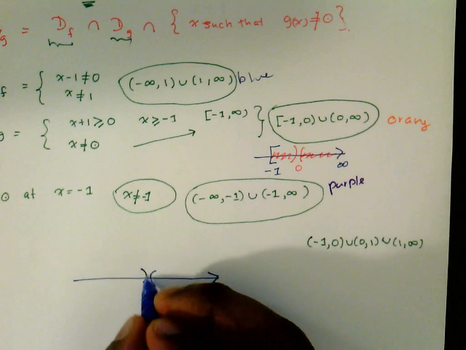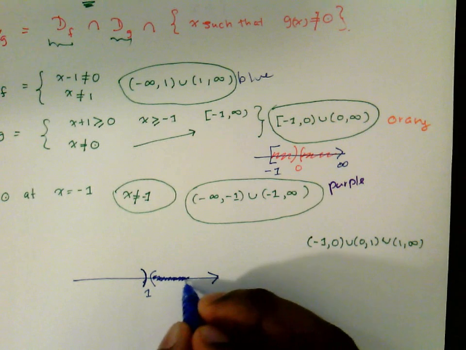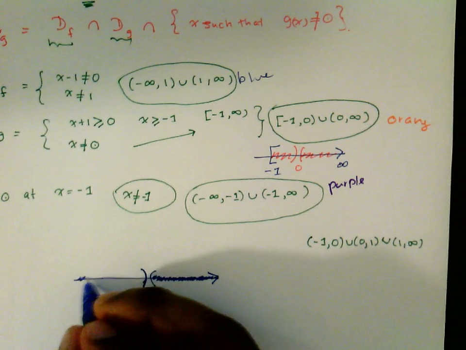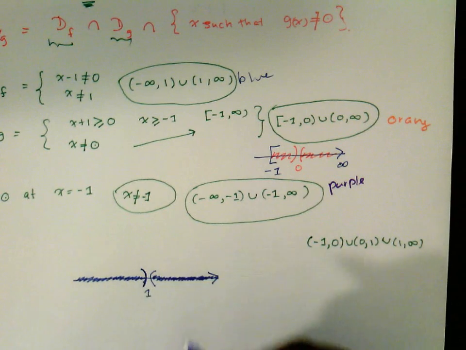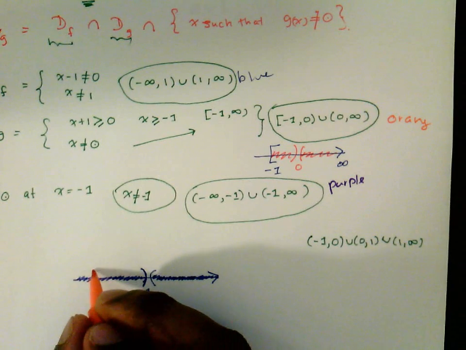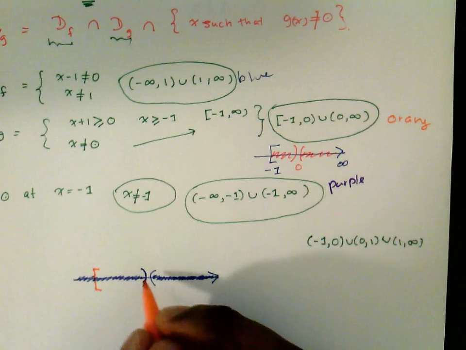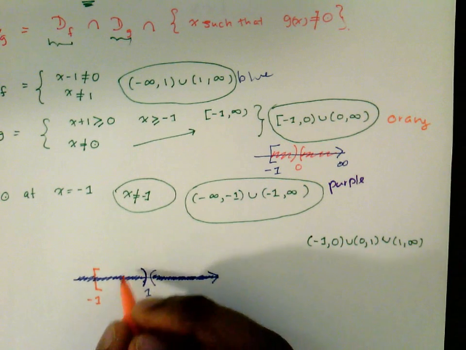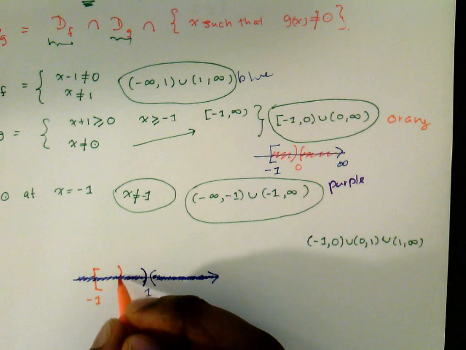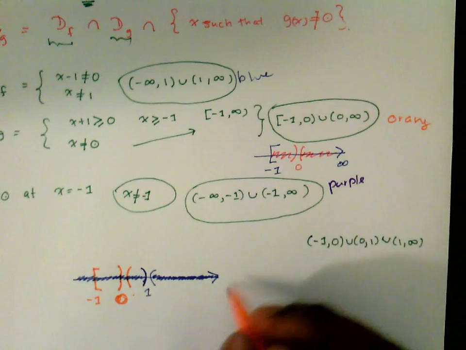So that's 1. Let's leave a gap here, just a small point. And then the second one is in orange, -1 to 0 and then 0 to infinity.